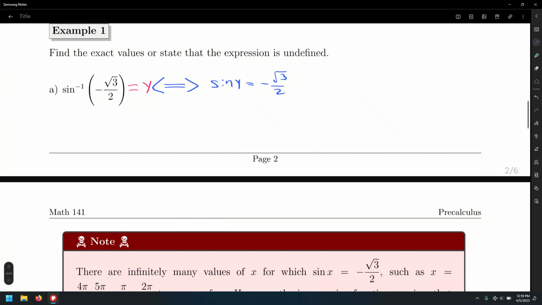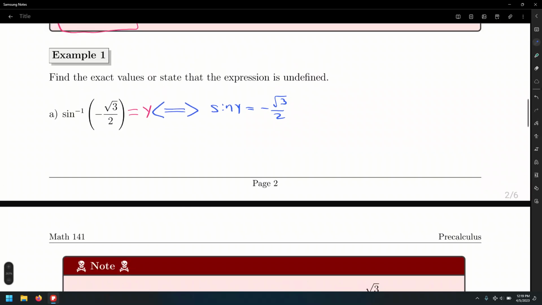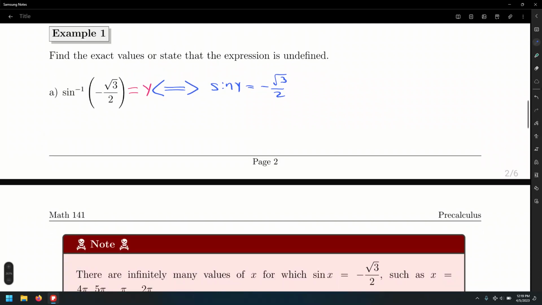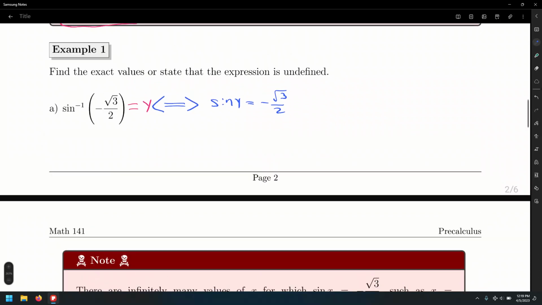However, we cannot just state negative root of 3 over 2 as the answer, or whatever angle we can think of.